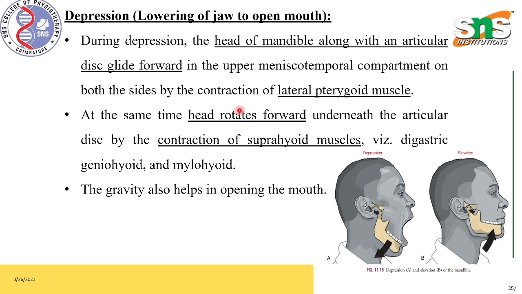At the same time, the head rotates forward underneath the articular disc by the contraction of suprahyoid muscles, via digastric, geniohyoid, and mylohyoid muscles. Gravity also helps in opening the mouth. So during depression, the head of the mandible will be gliding forward along with the intra-articular disc.